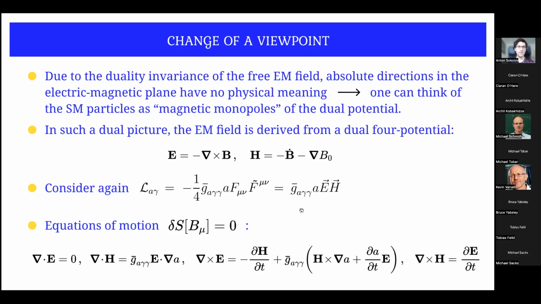The next goal of the talk is first to develop in a systematic way all possible electromagnetic couplings. So we see that there can exist some other form of axion Maxwell equations.